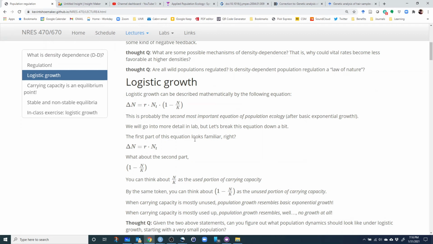Whereas the model we're just about to build in InsightMaker does represent every element of this. So you'll see there's an R variable and there's a carrying capacity variable. So we're basically replicating this equation exactly.